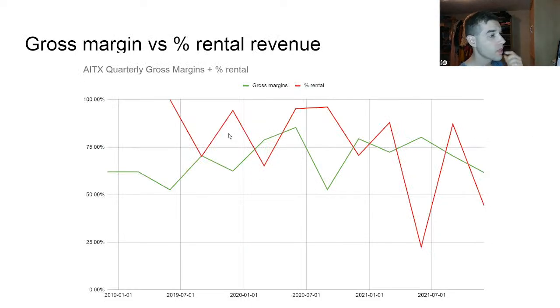Okay, so the interesting thing about that is that this doesn't really seem to track with the reported numbers. I mentioned this in my prior video, and on their revenue growth I touched on this just a tad bit. We see some of these quarters, this quarter right here, the third to last quarter I have reported, and the very last quarter, where the percent of revenue that came from rentals was below 50%. In this case, it's actually below 25%.